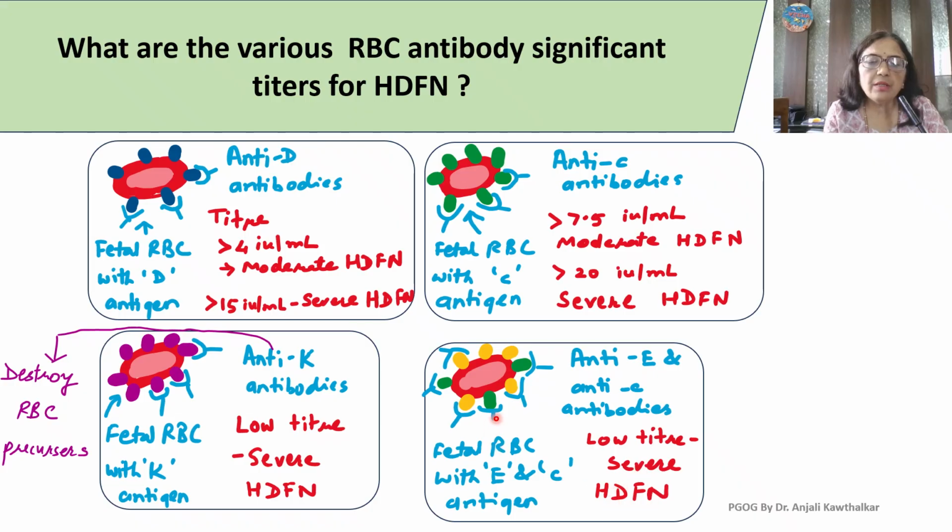As you can see here, green ones are the C antigens and yellow ones are capital E antigens. If there is a combination of these two, irrespective of the titer, there is a risk of severe hemolytic disease of fetus and newborn.